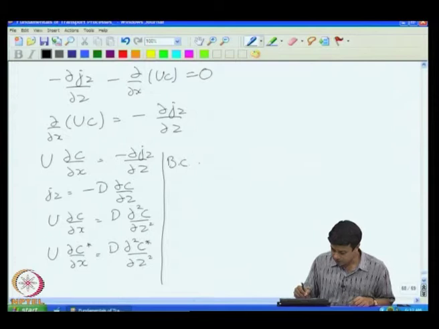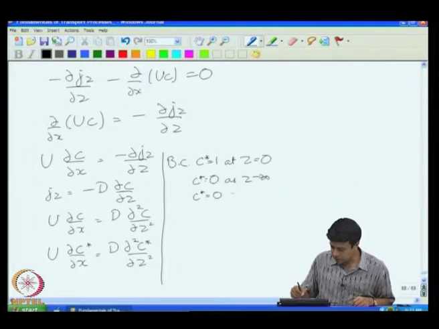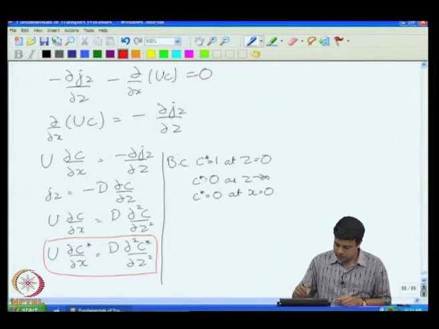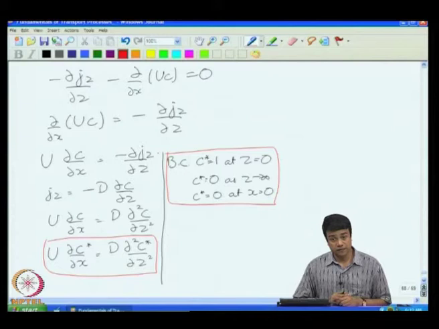And that is that C star is equal to 1 at z is equal to 0, C star is equal to 0 as z goes to infinity, and C star is equal to 0 at x is equal to 0. Look at this differential equation and these boundary conditions. I have to solve this differential equation subject to these boundary conditions.